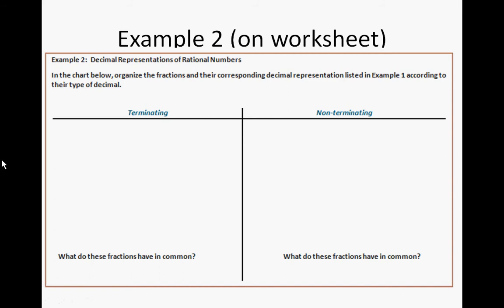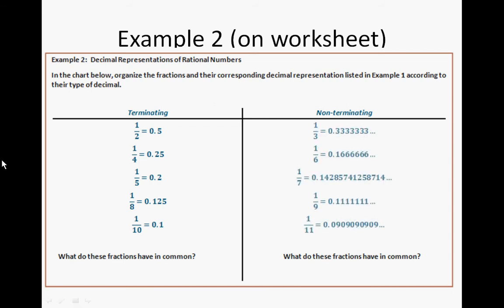Then go ahead and split up those decimal representations into the ones that are terminating and the ones that are non-terminating. And you should have something that looks like this.